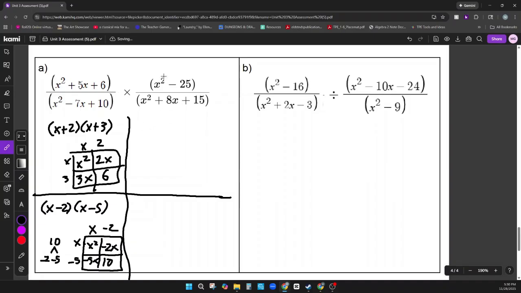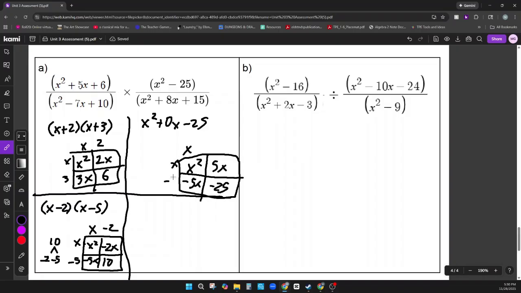Look at my numerator here. Again, they don't have anything in common, so I'm going to test my zero rule. I'm going to test x squared plus 0x minus 25. And thankfully, if I break up 25, that gives me negative 5x and 5x, which will end up canceling to be 0. So if I use those values, it's 5x and negative 5x.